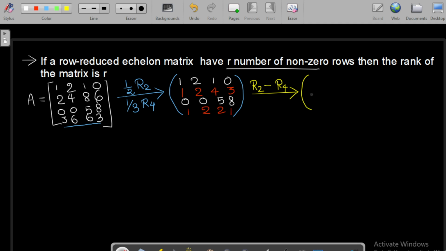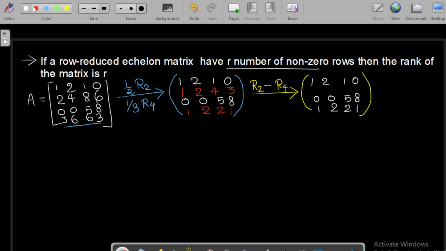Let us concentrate here. After giving the row operation R2 minus R4, the first row remains the same. So let me copy the first row, 1 2 1 0, and the second row changes, but nothing happens to the third row, 0 0 5 8, and the fourth row also remains unchanged.